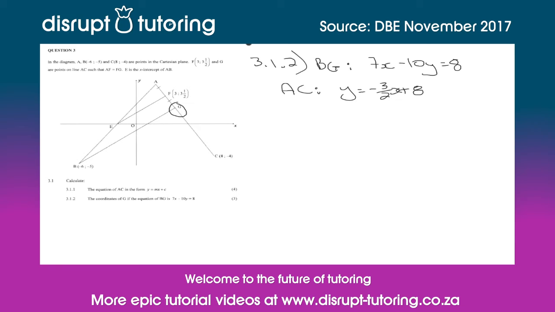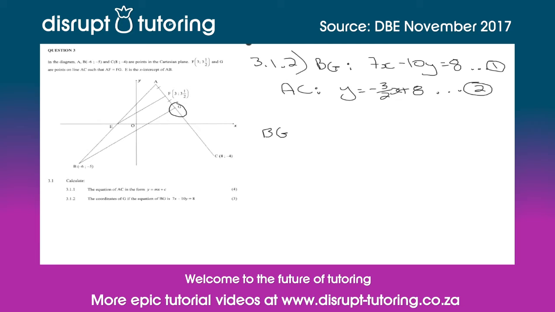And now we've got two equations, which means we can use simultaneous equations. So we'll say that this first one is equation number 1, and the second one is equation number 2. So to make things a bit easier, we'll start off by making BG in terms of y only. So what does this mean?